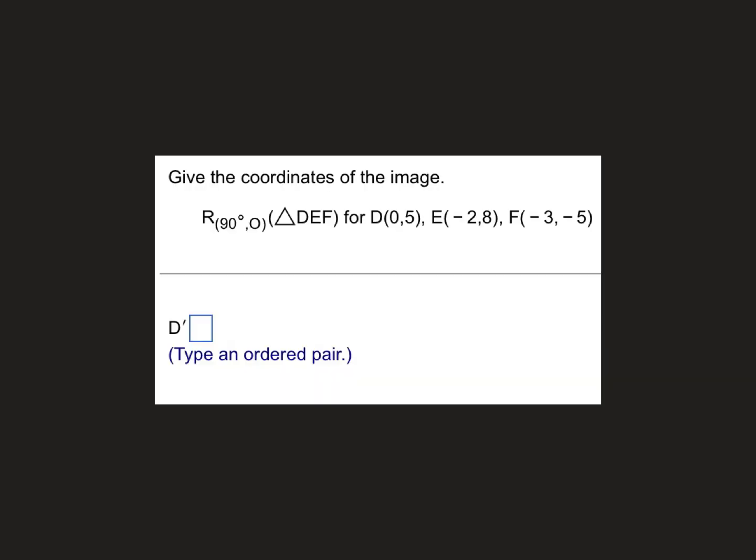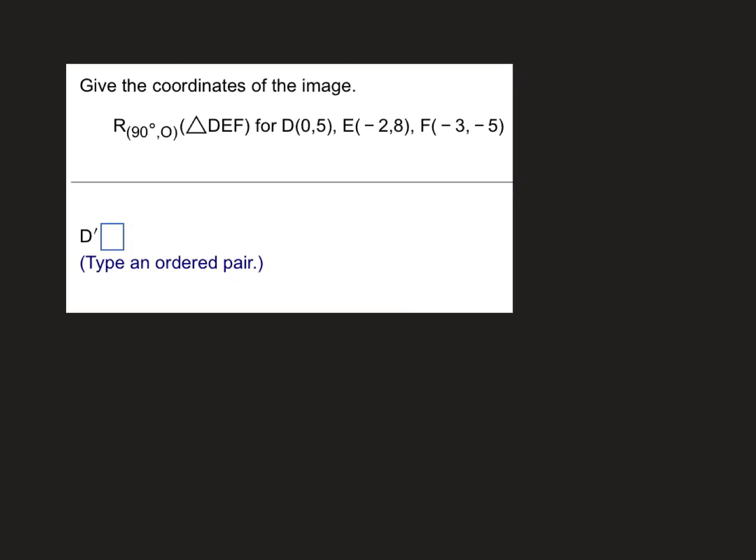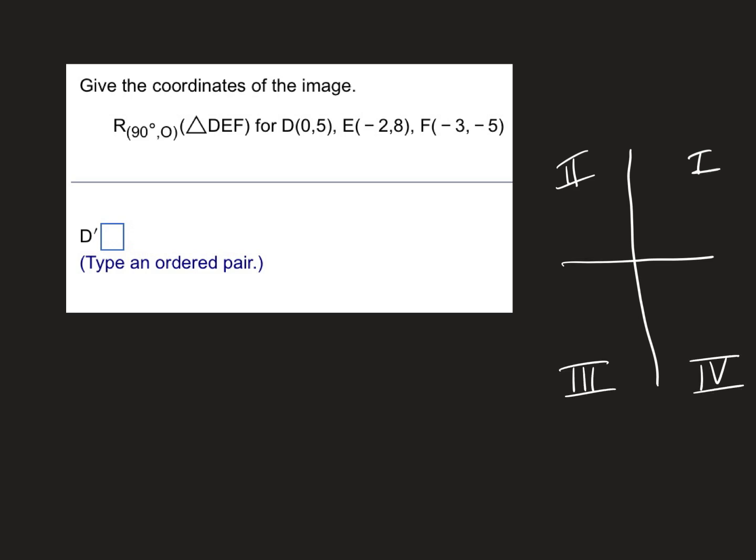Okay, so here's my little tricks on rotations. I don't think about points. This might kind of screw you all up a little bit if you've learned it a different way, but this is what I think of. I think of which quadrant am I going to end up in? And that tells me the signs.